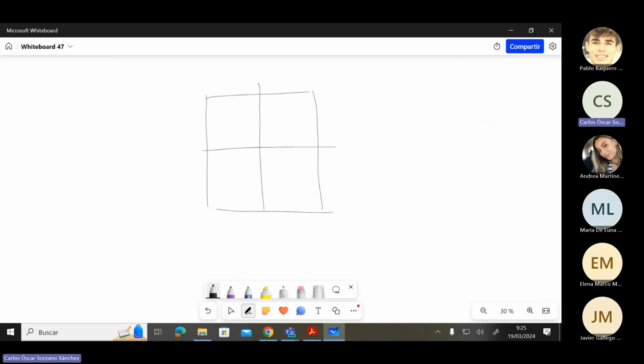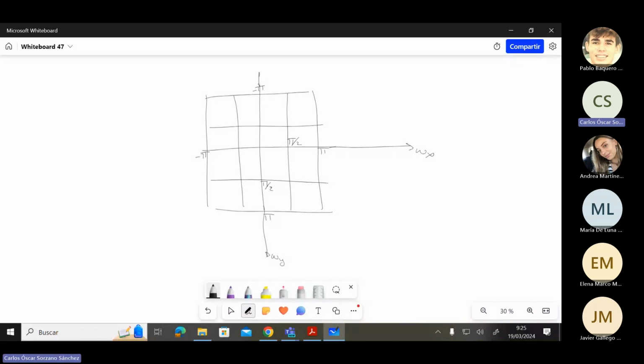So let's say that this is our axis, x, y. I will do it only with the horizontal one, because otherwise it becomes too complicated. Minus pi, this is pi, this is minus pi.